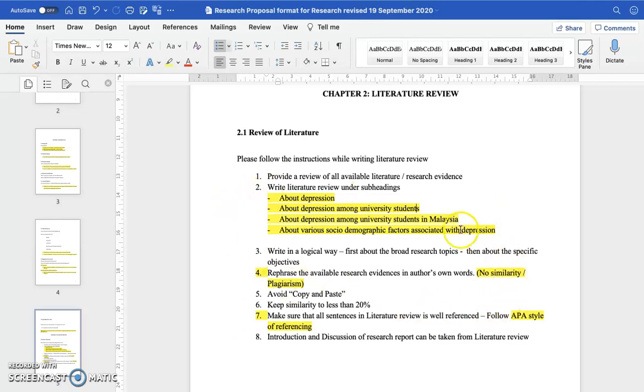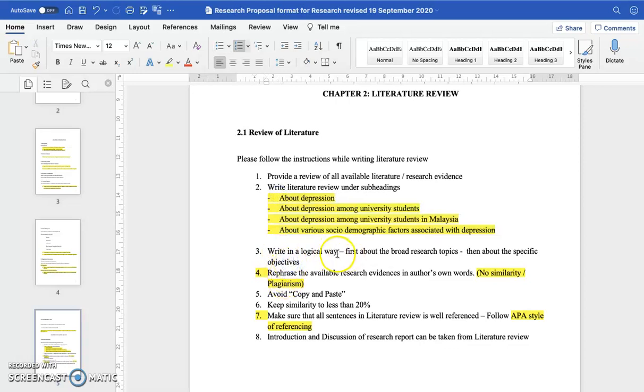You can find the articles published about depression among university students in Malaysia and about various socio-demographic factors associated with the depression. If you are doing a study among medical students and non-medical students, you can find out the studies published on depression among medical students, and depression among non-medical students, nursing students, engineering students, or other undergraduate students other than the medical field. All these things you can put in the literature review.